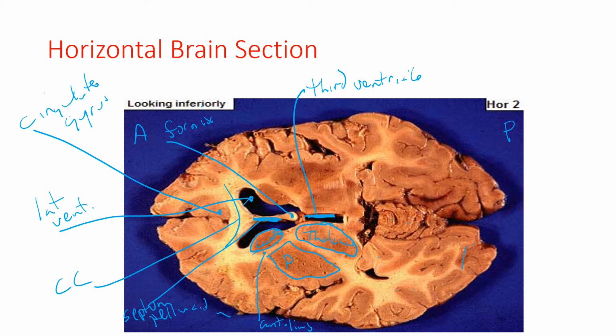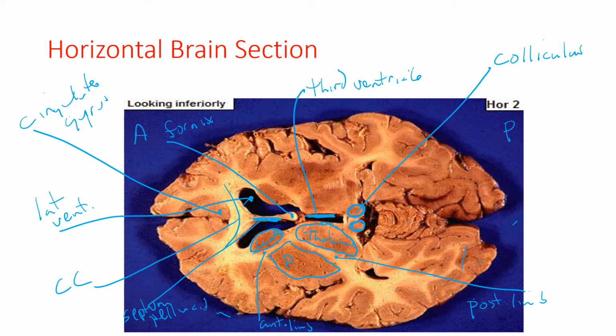And as we look at the thalamus, we can see the posterior limb of the internal capsule. But what we can see in the area of the thalamus are these round-shaped structures here and here. And these are the colliculi.